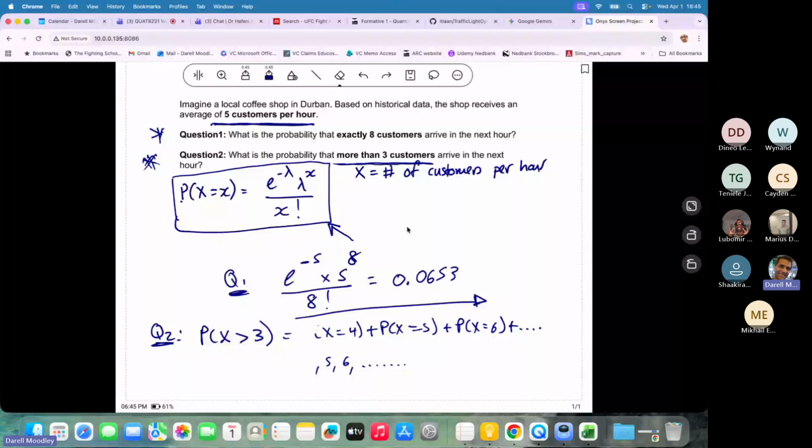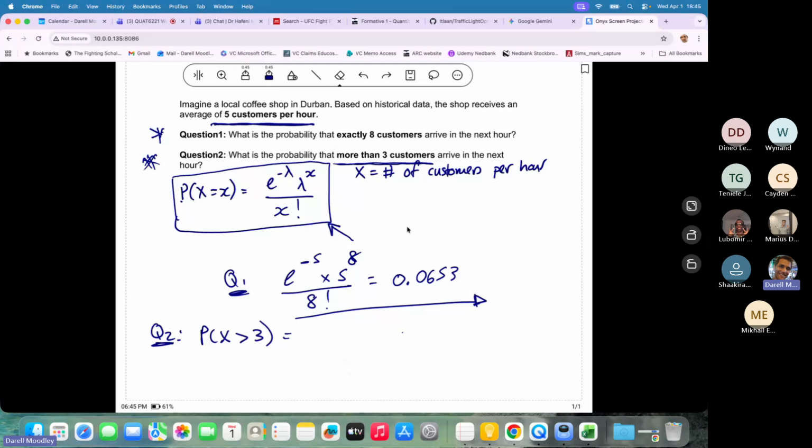Let me take your attention away from this problem to explain what the complement rule is. Let me just erase this, and I'll explain it. Let's say I told you that the probability that you'll pass the exam is 75%.